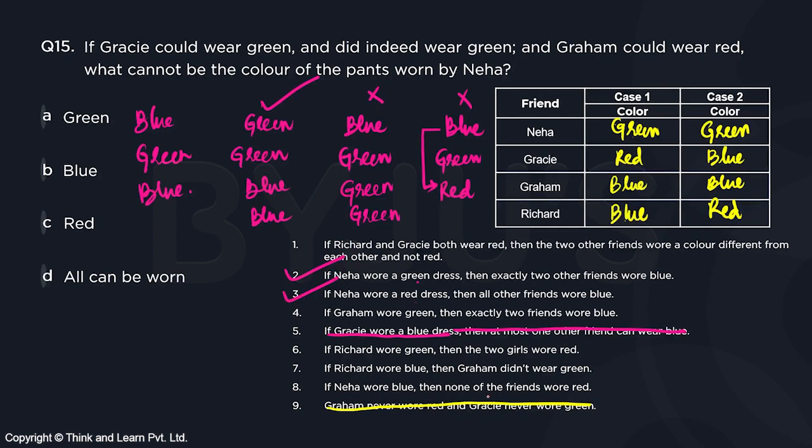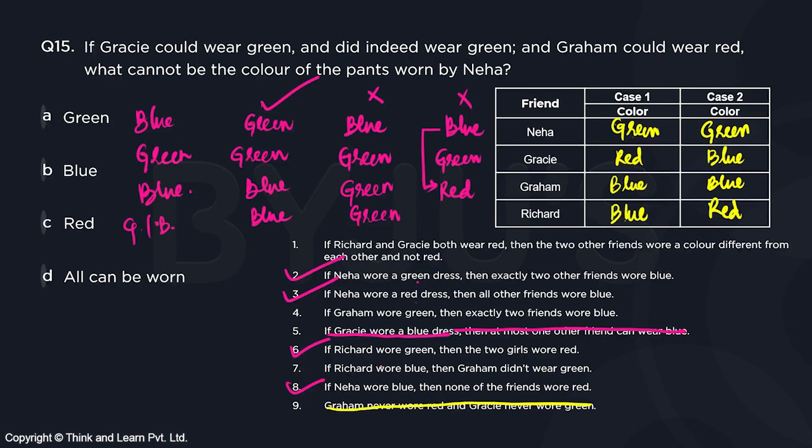Neha wears blue, then none of the friends wore red. So that means Richard cannot wear red. It's going to be green or blue, right? If Richard wore blue, then Graham didn't wear green. If Richard wore green, then the two girls wore red. Nobody is going to wear red here, obviously.